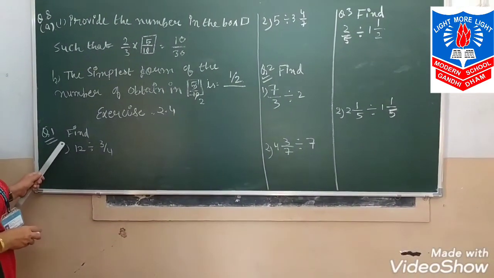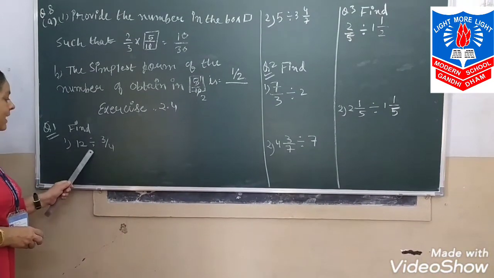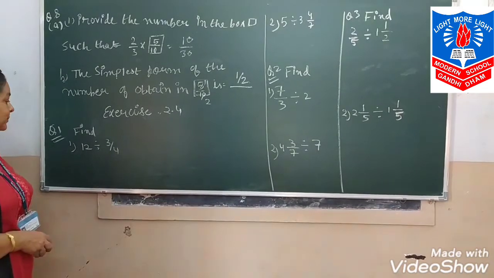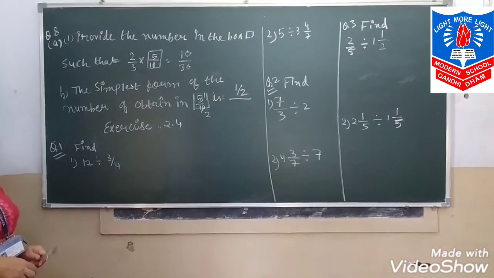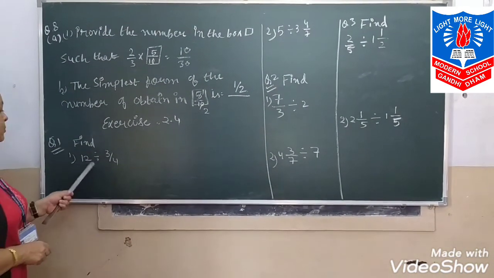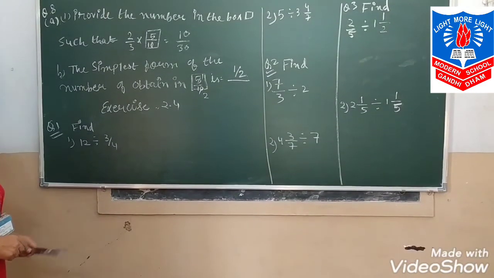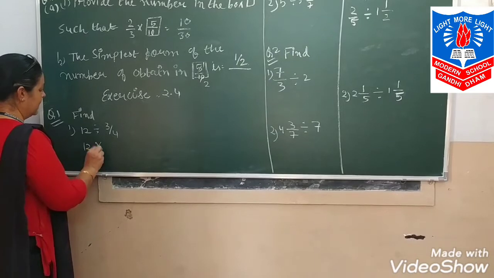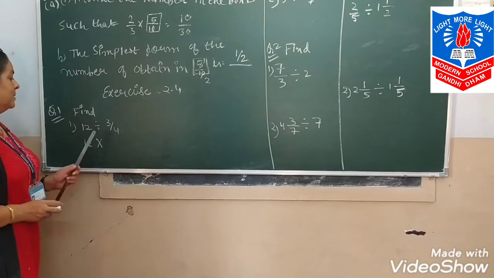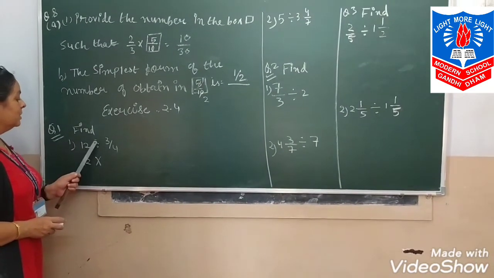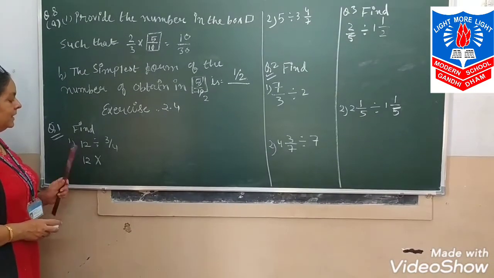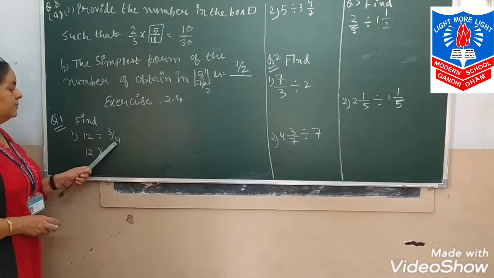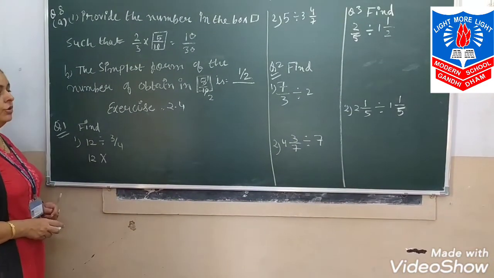2.4, first question. Find 12 divided by 3 by 4. Here is division. In division, first we remove the sign of division and give the sign of multiply. But when the division sign converts into multiply, we first take the reciprocal of 3 by 4.